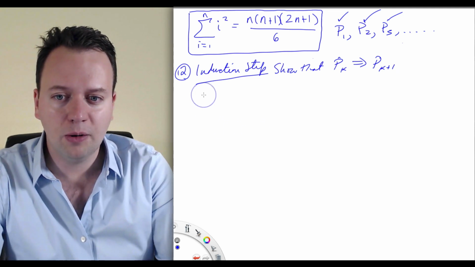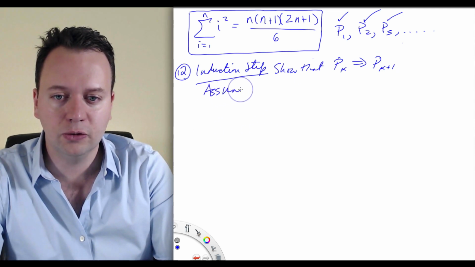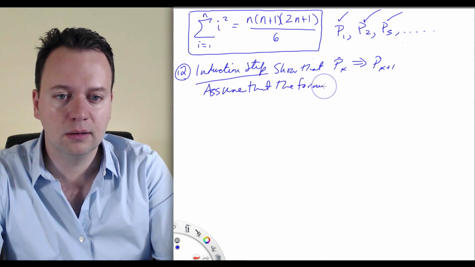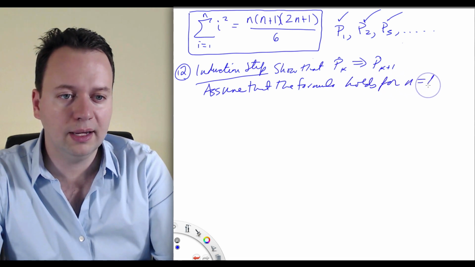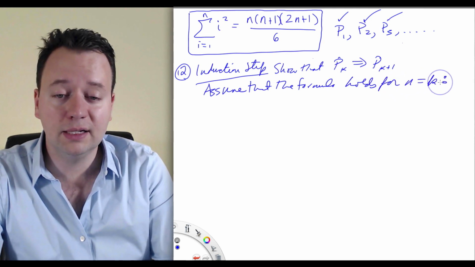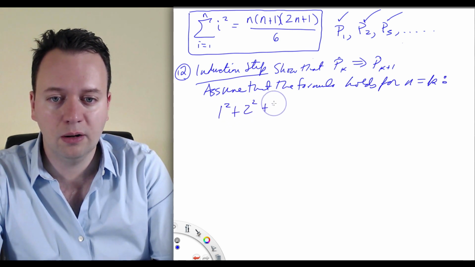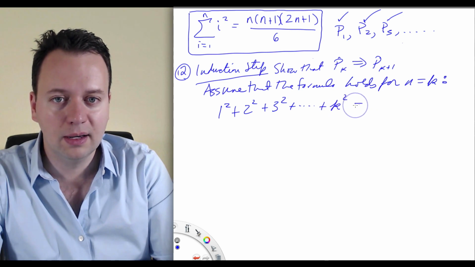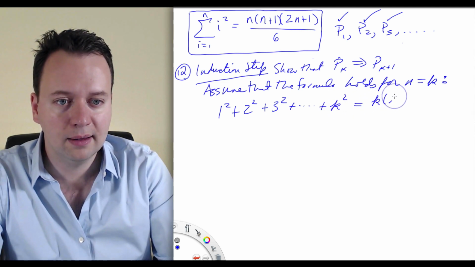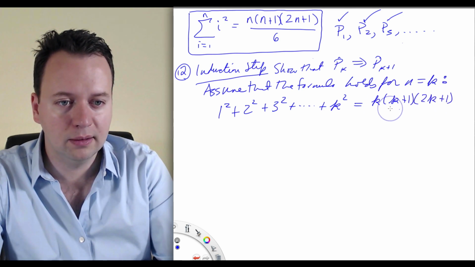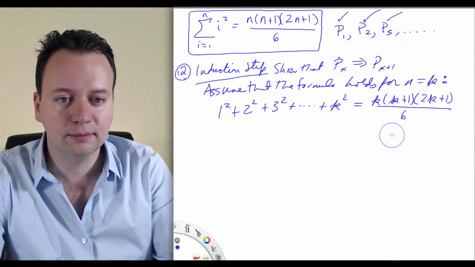So we can start by assuming that the formula holds for n equal to k. If it holds for n equal to k, that means 1 squared plus 2 squared plus 3 squared plus dot dot dot plus k squared is equal to k times k plus 1 times 2k plus 1 over 6.